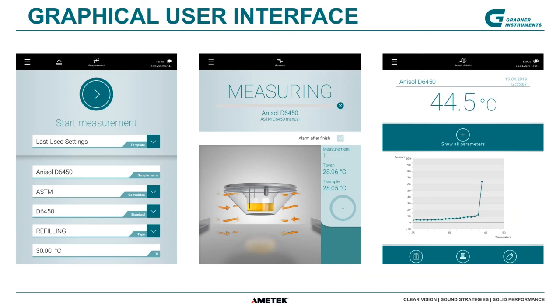Here again, you can select the settings for a certain sample. Just press the play button, and the instrument will guide you through. It will ask you for the sample, and then again you have a nice animation of what is currently going on during the measurements. And finally, you have the result of your flashpoint test, and also a graphic.